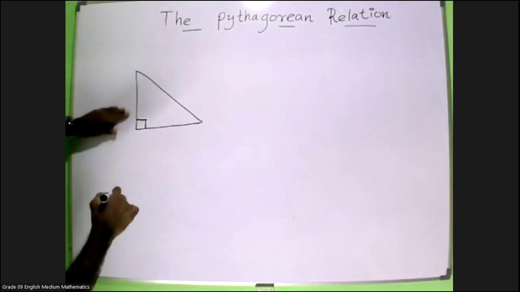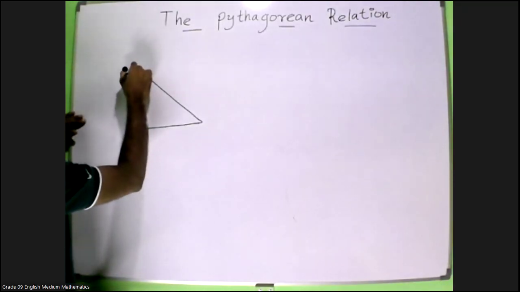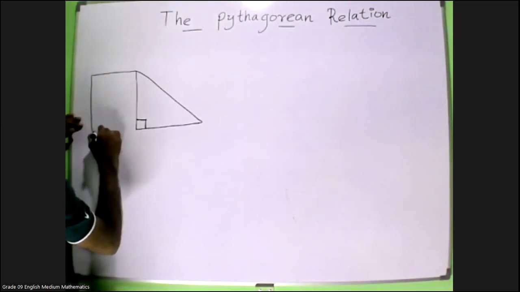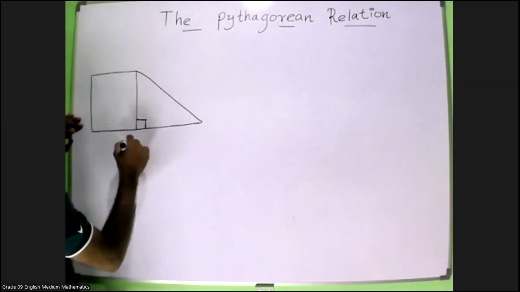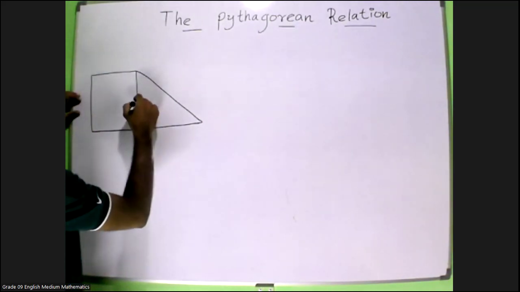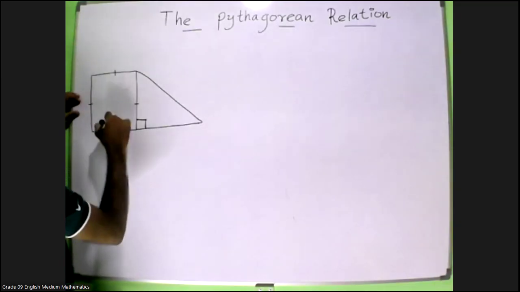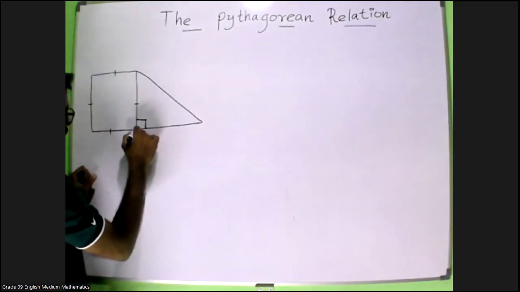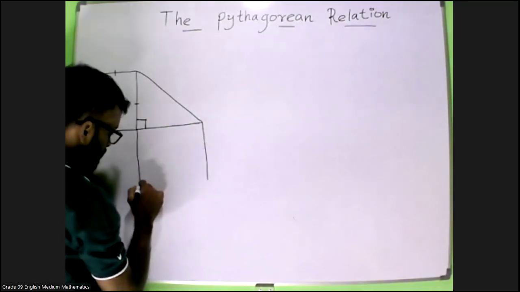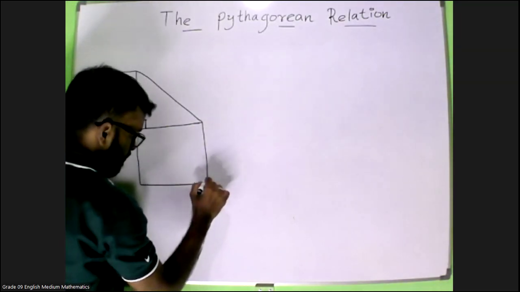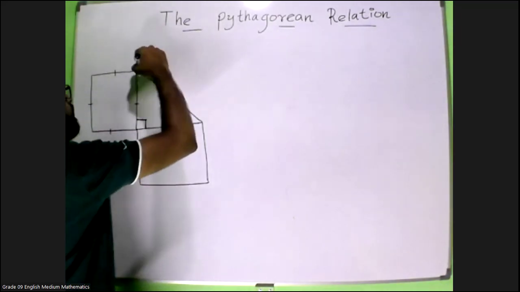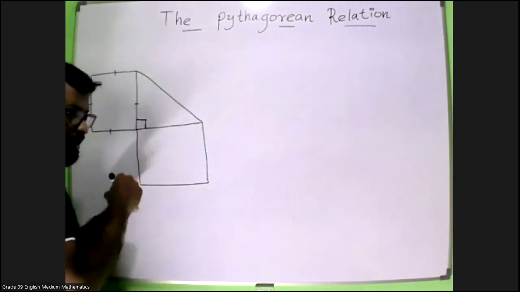So I will say on this side we have a square, something like this. And on this side also we have a square. And on this side also we have a square.